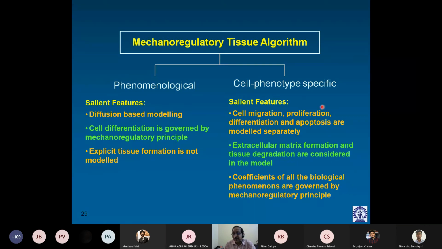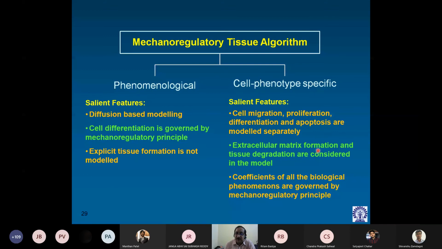In comparison, the cell phenotype model explicitly models cell migration, proliferation, differentiation, and apoptosis, or cell death, explicitly and separately.